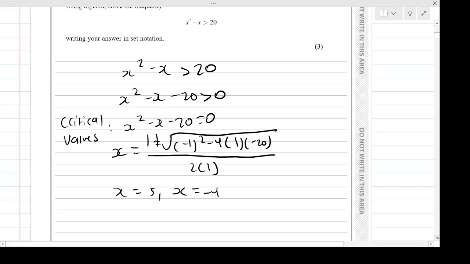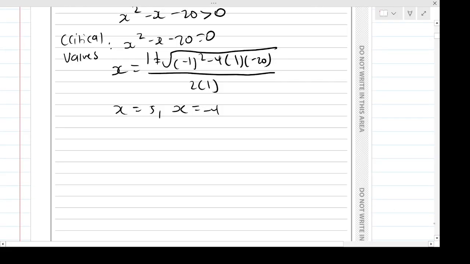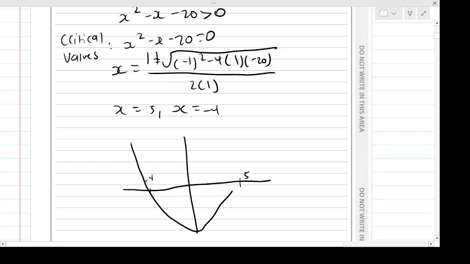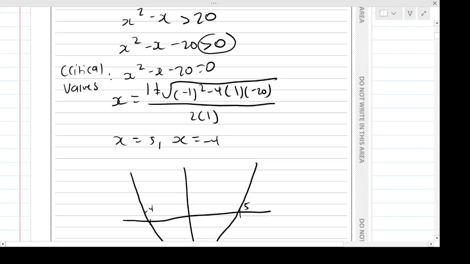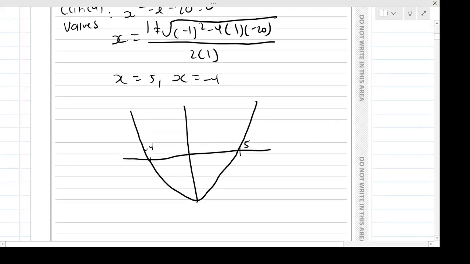So at that point I've got my roots, which allows me to sketch the quadratic. It's a positive quadratic, and the roots are 5, somewhere there, and minus 4. So the quadratic will look something like this. Now, to solve the inequality, pay attention, it's greater than 0, which means it has to be above the x-axis.